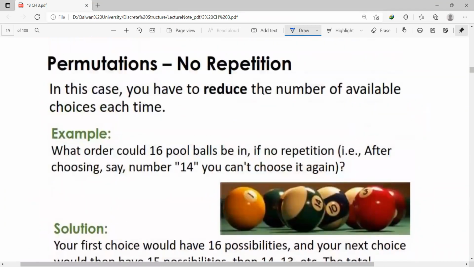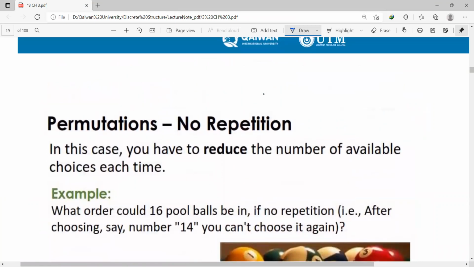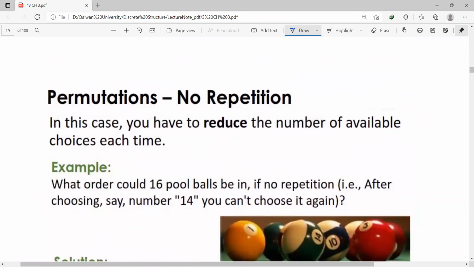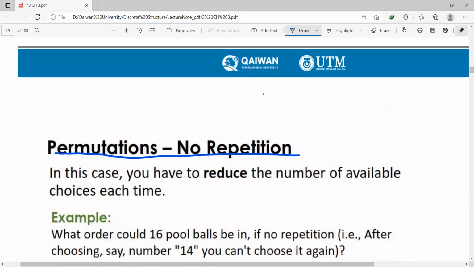Here we have some examples about permutations with no repetition. We talked about the part of this chapter, and we said we have only permutation and combination. And in permutation we have 2 types: no repetition and if repetition is allowed.